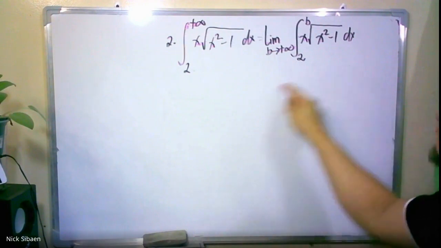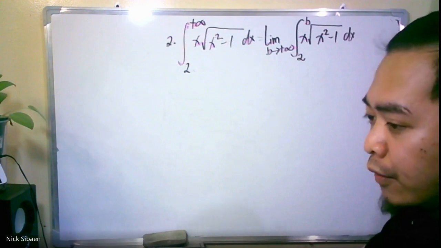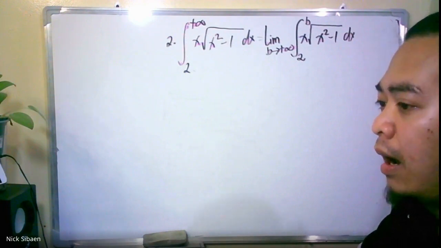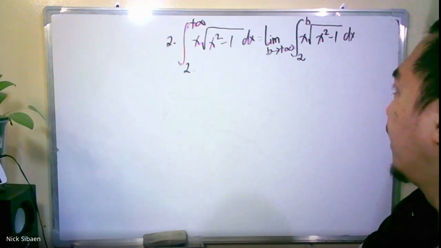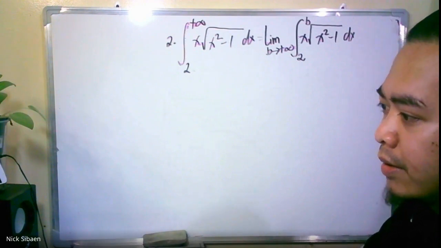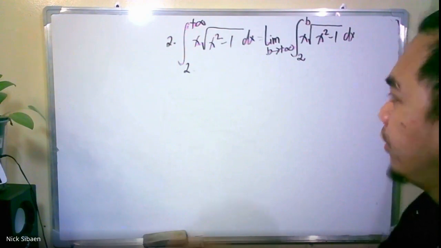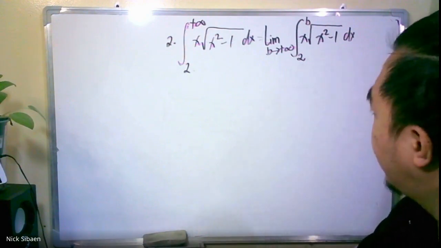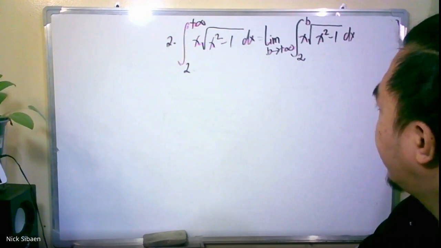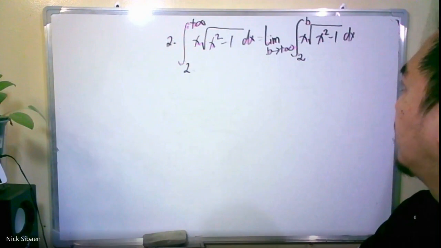So syempre, hindi mawawala yung previous na lesson natin, yung techniques of integration. Hanggang sa matapos yung course na ito, substitution pa rin tayo, integration by parts, in all the techniques that we learned previously. So how do we integrate this one? Si x squared of x squared minus 1. Marami, no? It's a product. It's the product of x and square root of x squared minus 1.